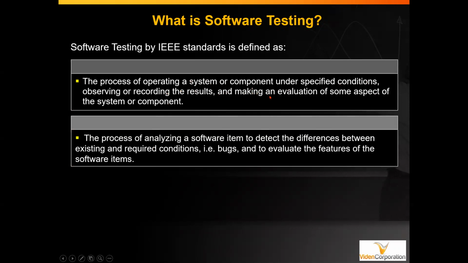It says making an evaluation. You can see the process of operating a system or component under specified conditions, observing and recording the results, and making an evaluation of some aspect. So basically, that's the product and you're evaluating it, right? Easy to remember. But if you want the book definition, here are those two.